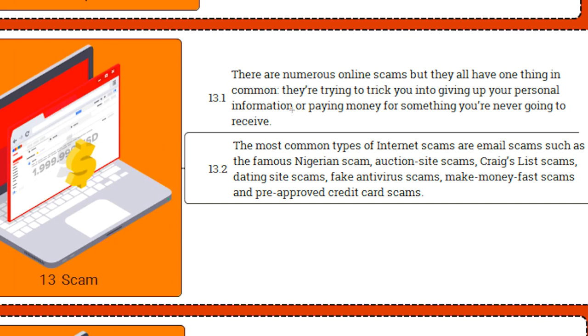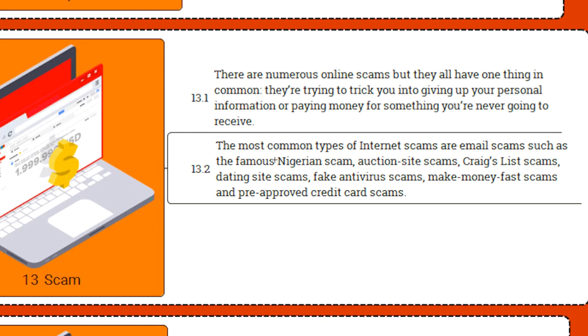There are numerous online scams, but they all have one thing in common. They are trying to trick you into giving up your personal information or paying money for something you are never going to receive. The most common types of internet scam are email scams, such as the famous Nigerian scam, auction site scams, Craigslist scams, dating site scams, fake antivirus scams, make money fast scams, and pre-approved credit card scams.